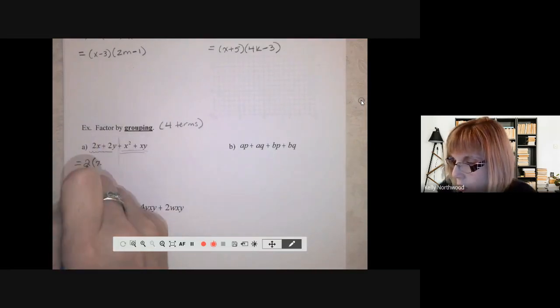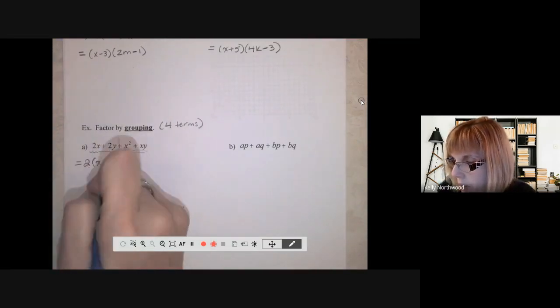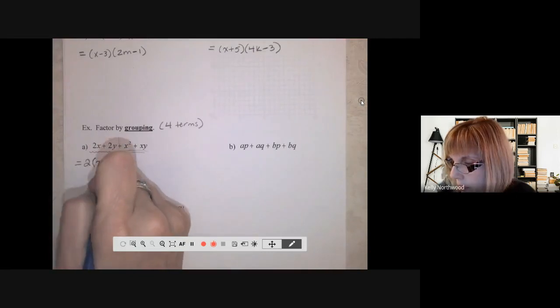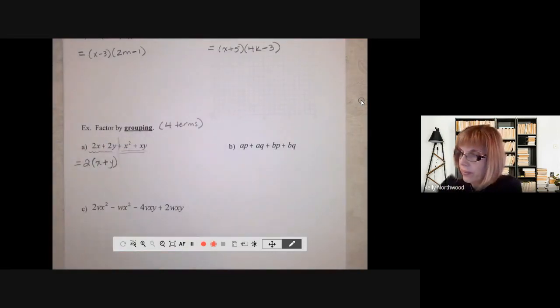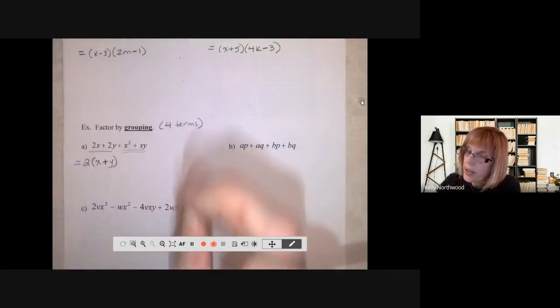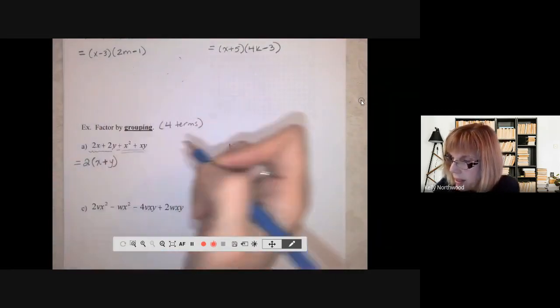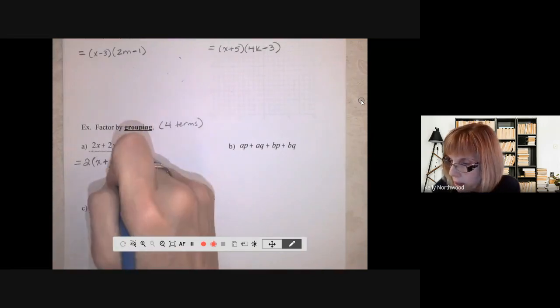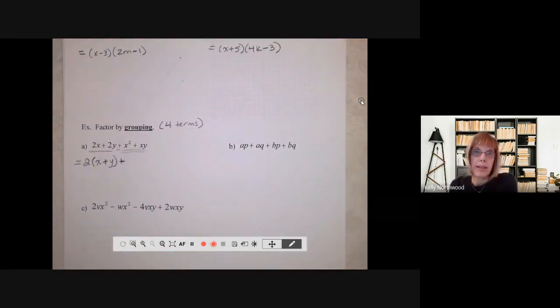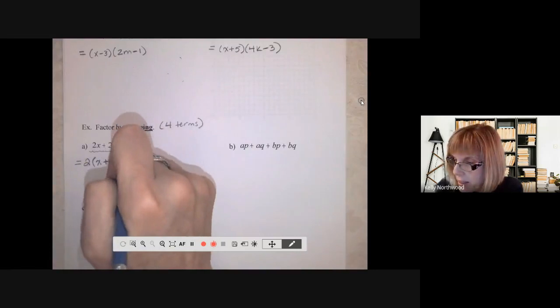X. What do you multiply 2 by to get positive 2y? Positive y. So then in a grouping question, the sign in between term 2 and term 3 always goes next. So that plus sign goes next.